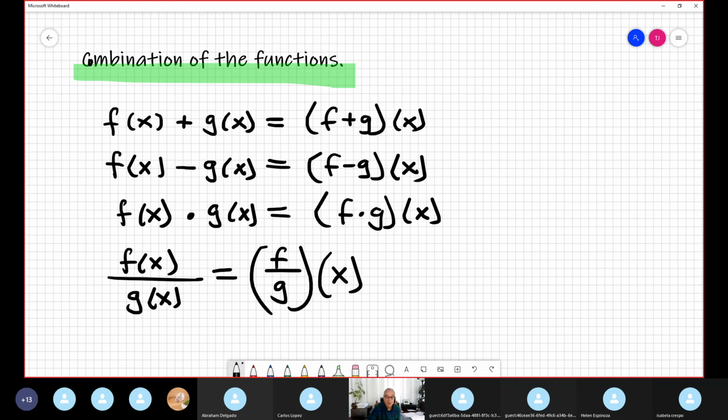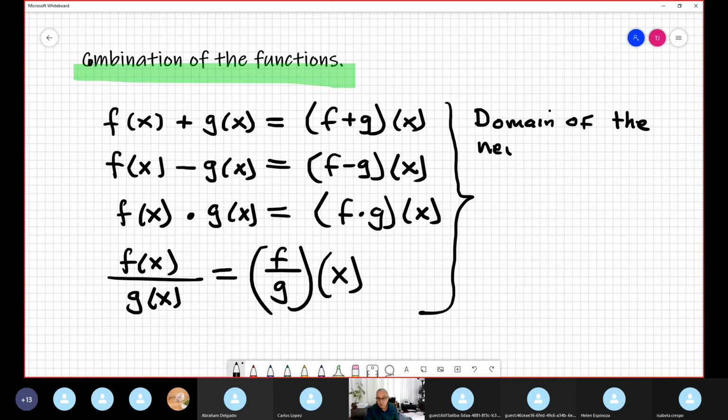Okay, in all the cases, the domain of the new function is the intersection. So domain is equal to domain of the function f intersection domain of the function g.